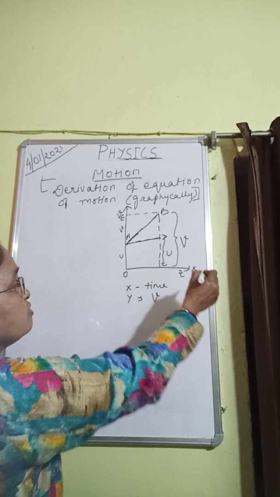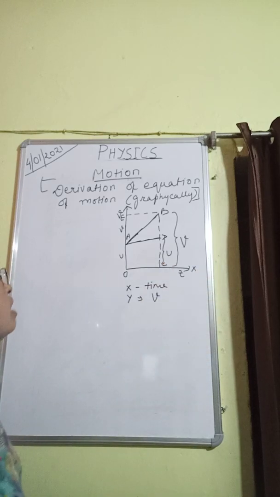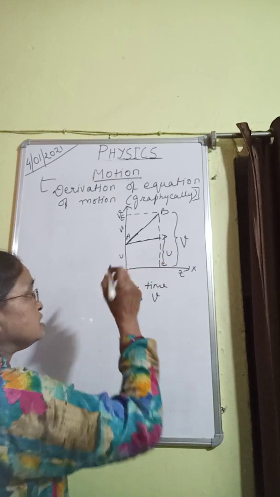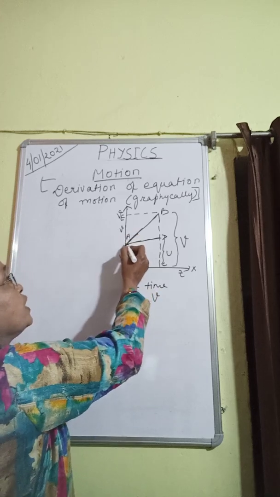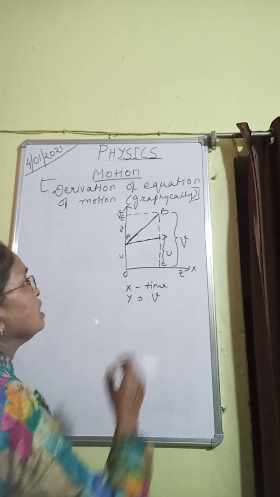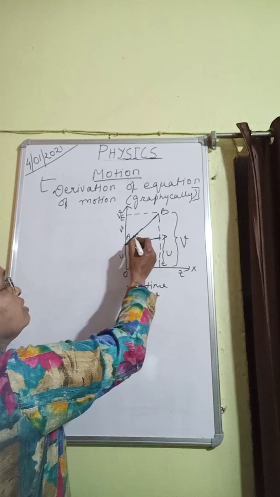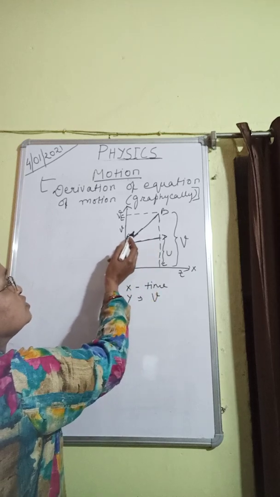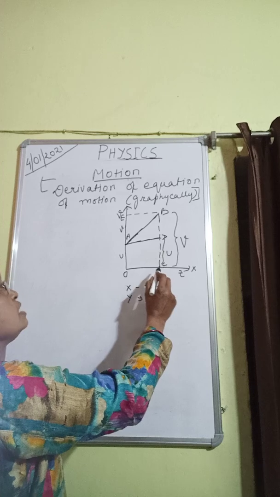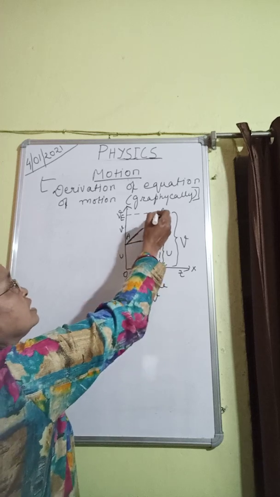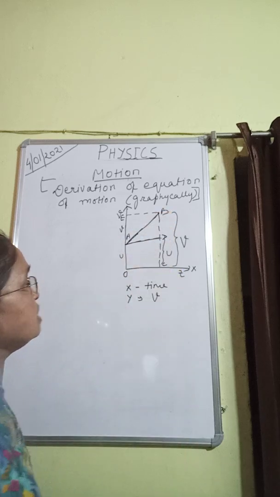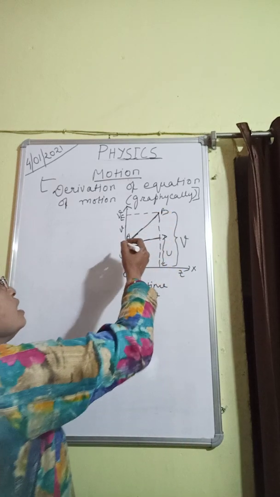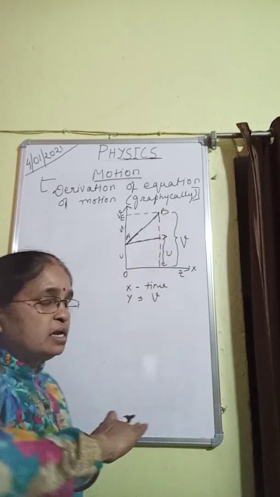So I have drawn one velocity-time graph. A body is starting from point A and it starts moving. As it starts moving, time is also passing, and it moves and comes to rest, reaching its final position, that is B. So here AB the body covers.